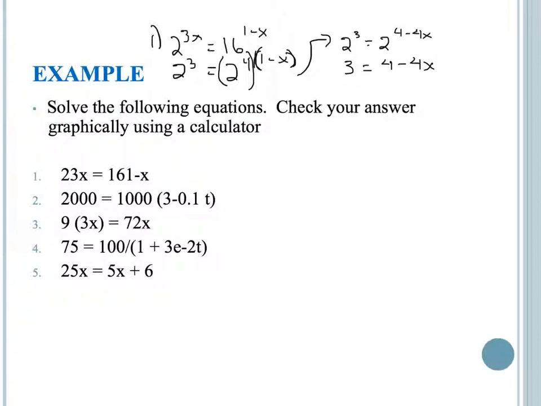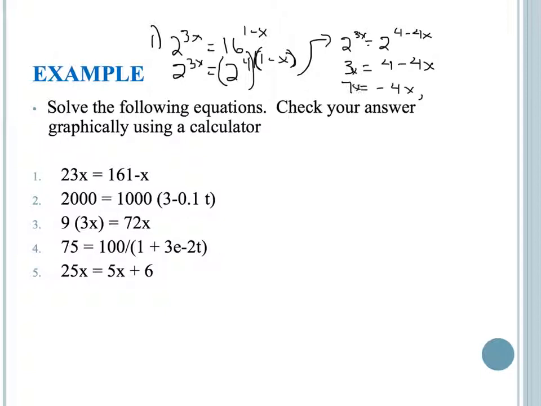And this equation is now much easier to solve. I'm going to bring the 4 over, divide both sides by -4, oops, I lost an x as I was working through here.